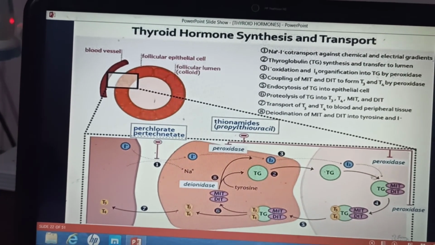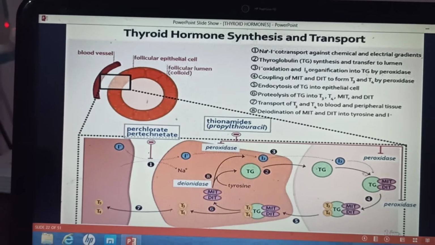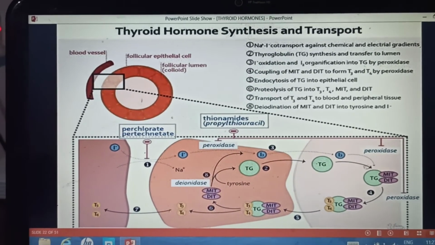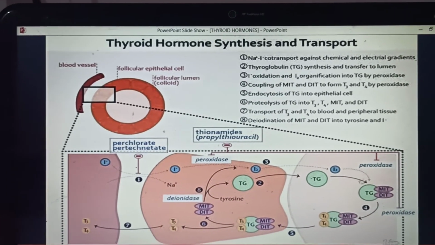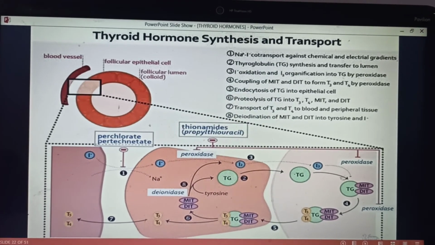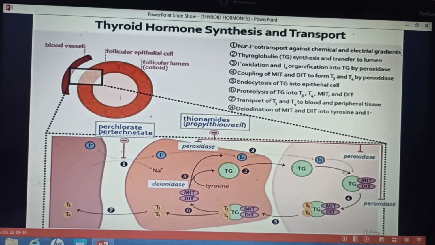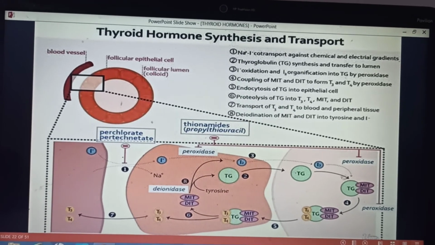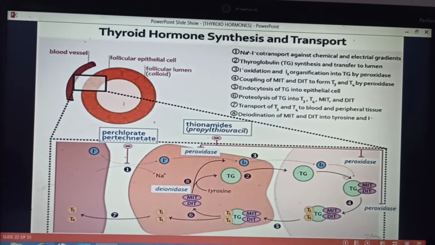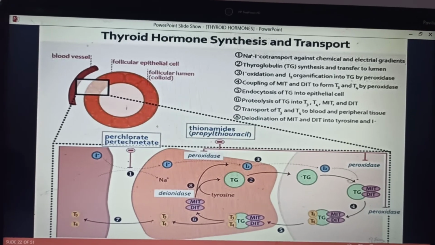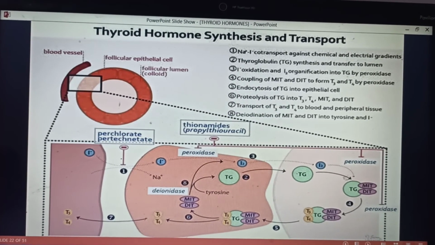So here also, in this slide also, the first step is the sodium iodide co-transport against the chemical and electrical gradient. So iodide trapping is shown via the sodium iodide co-transporter or symporter located in the basal membrane of the follicular cell, which is active transport.